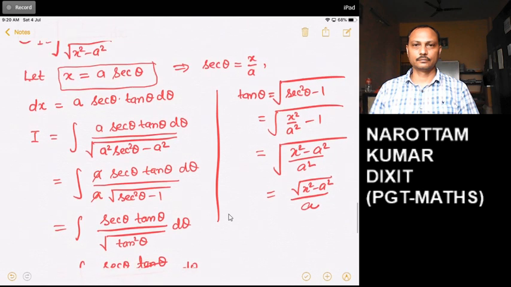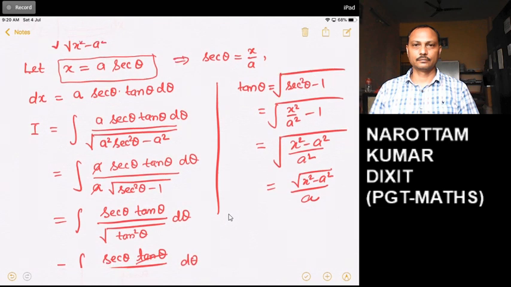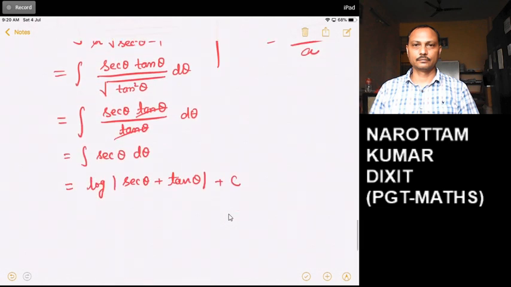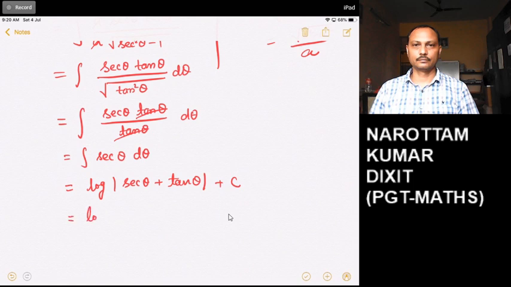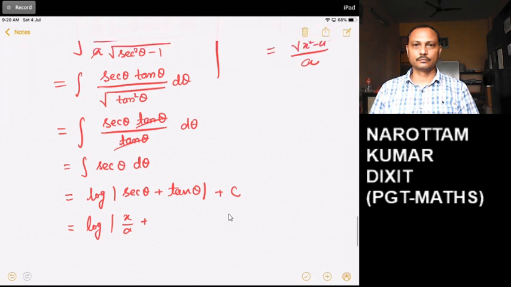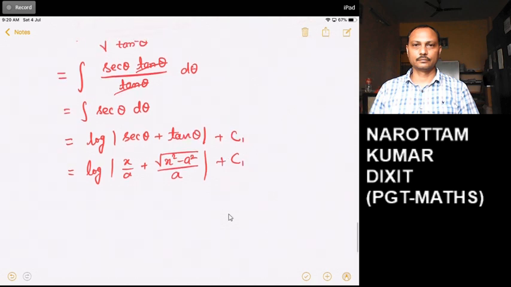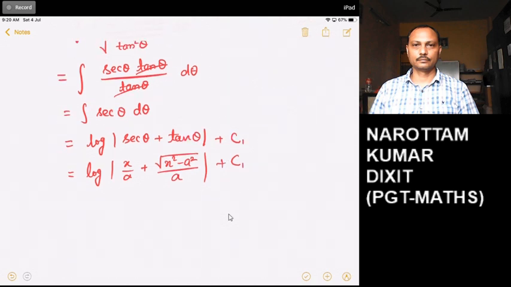So this is the value of tan theta. Place these both values in the final result. So sec theta is x upon a, and tan theta is the square root of x square minus a square upon a, plus c. Let us take the constant of integration as c1, because we will get another constant here.